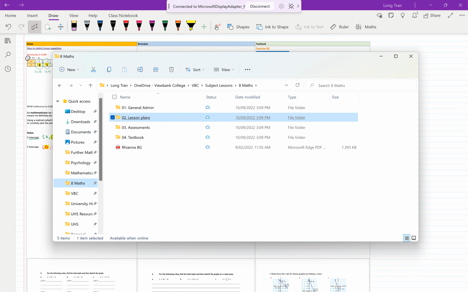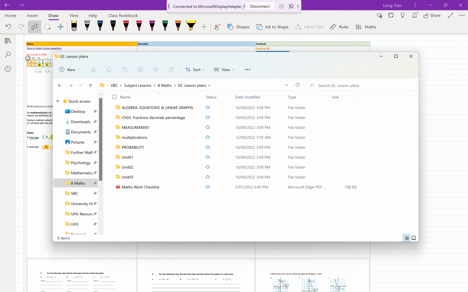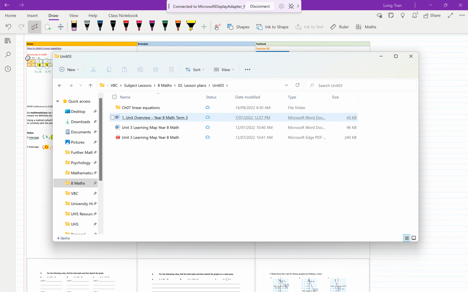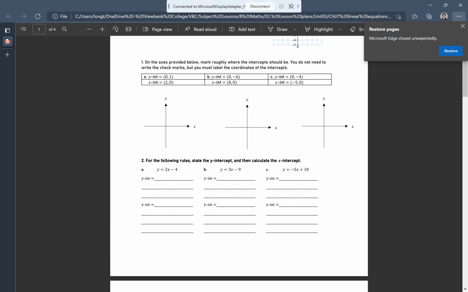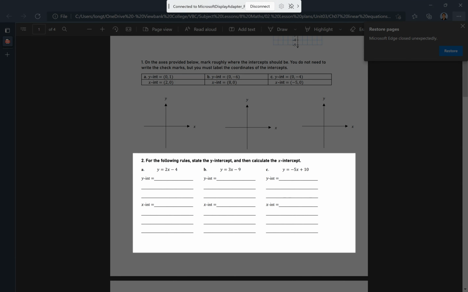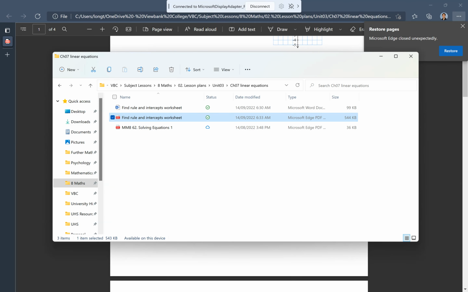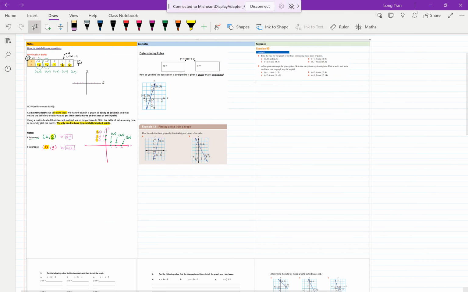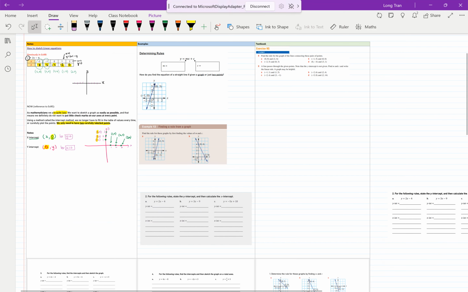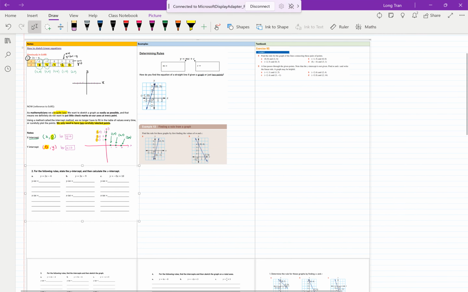So lesson, unit 3, linear equations, and find the rule. Here we go. So question 2, we're going to do question 2 together.